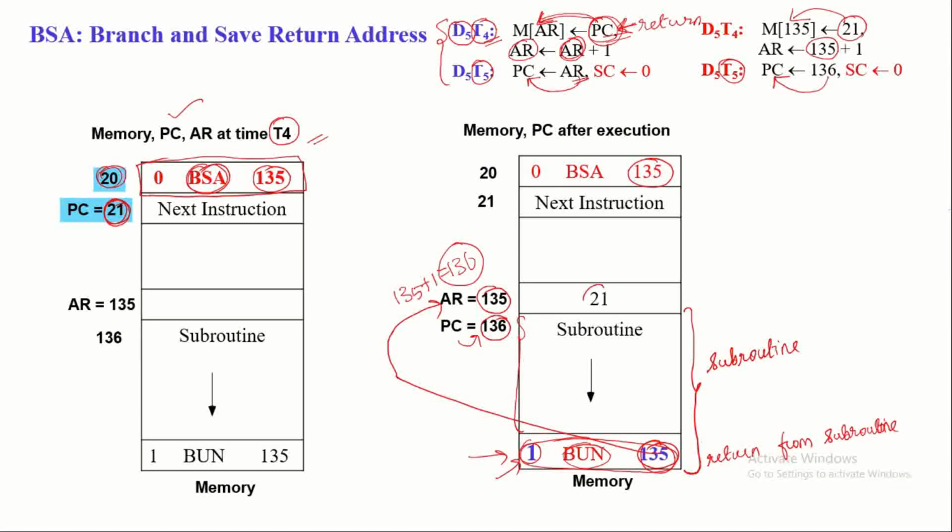It can find the effective address from where it can resume its execution. Okay, this is how branch and save return address works. It transfers the program execution control from the main program to the subroutine, and after executing the subroutine, at the end of the return statement, it transfers control back to the main program.